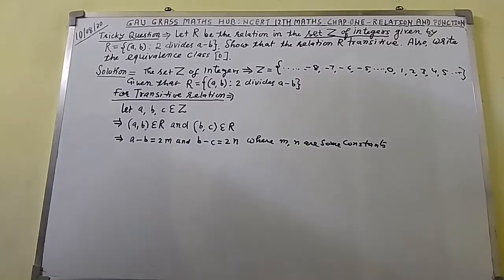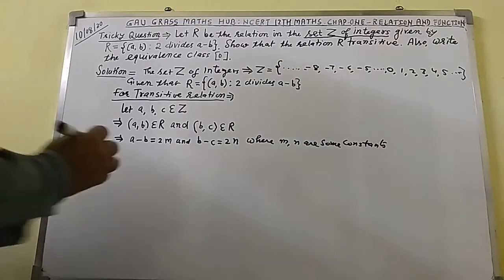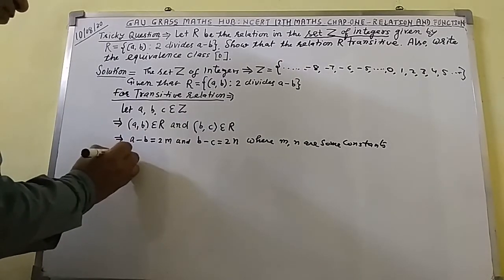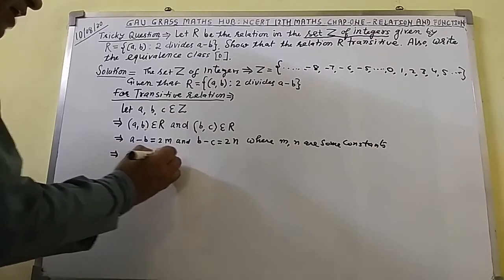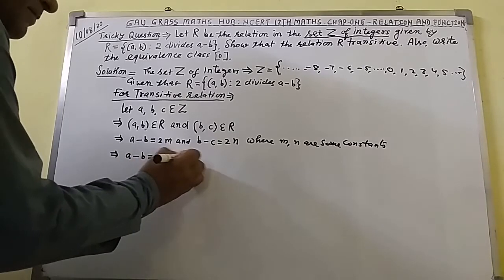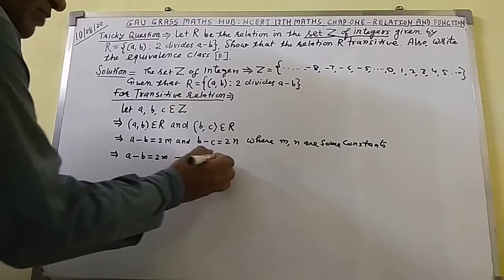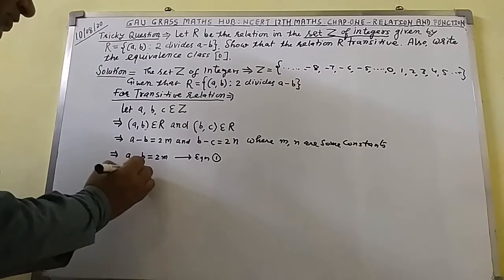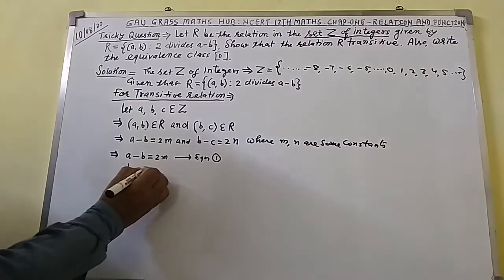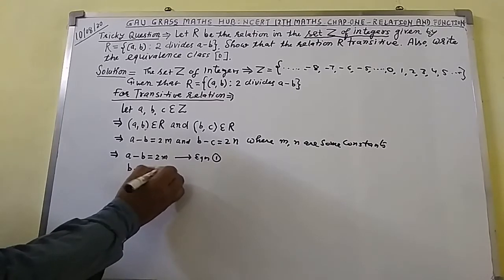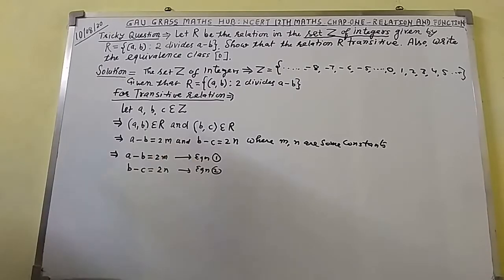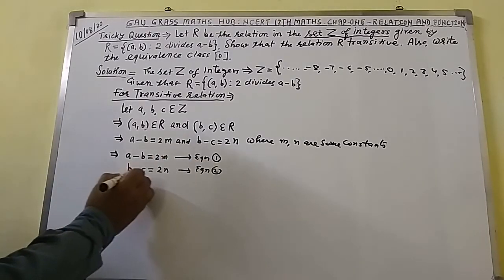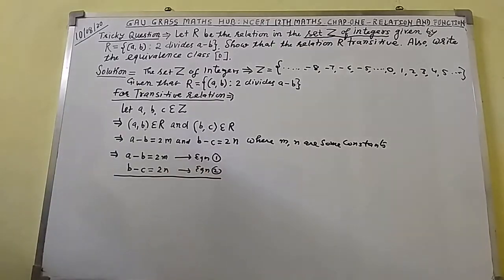These things are there. What to do in this case? Here I shall write, now take a minus b equal to 2m, that will be equation number 1, and now take b minus c equal to 2n, that will be equation number 2. Now do the operation.